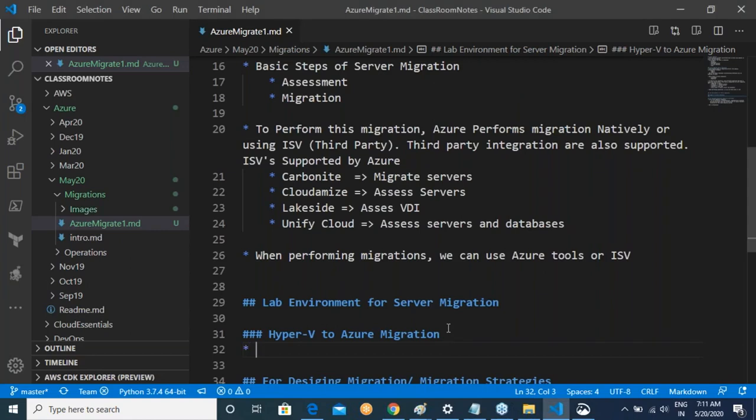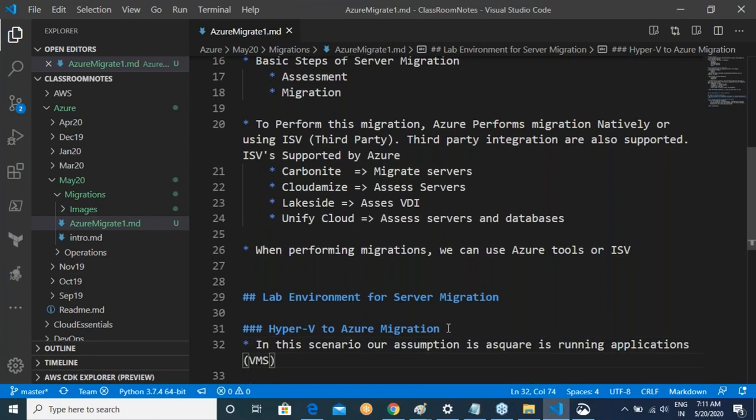Okay. So in this scenario, our assumption is A Square Zone is running applications or virtual machines on Hyper-V.